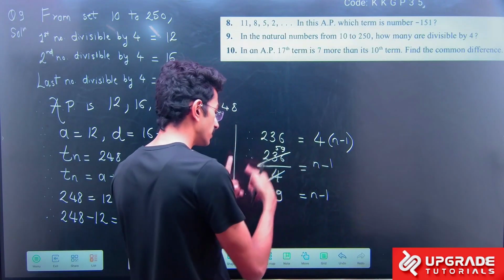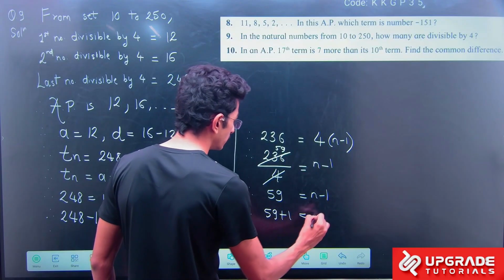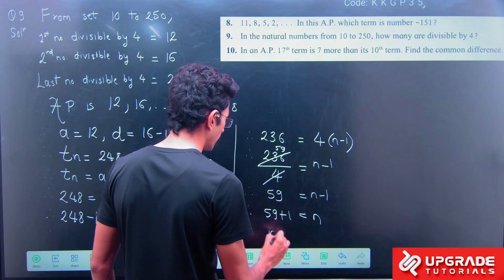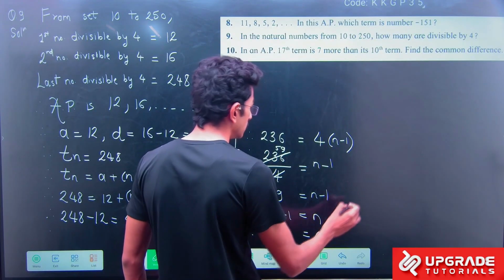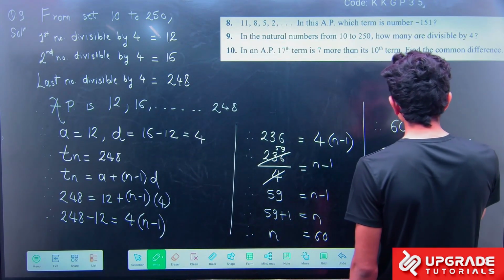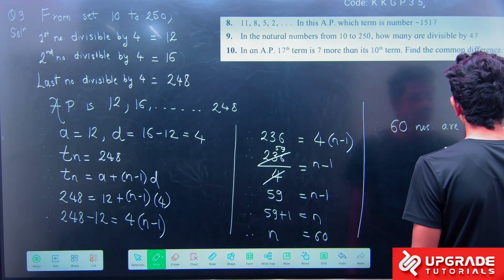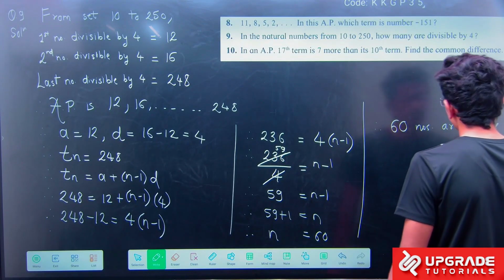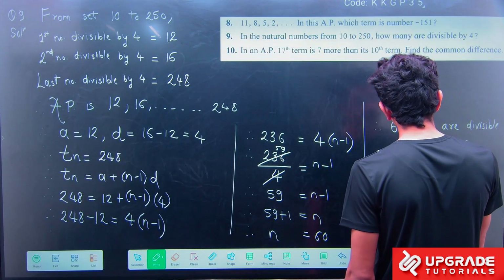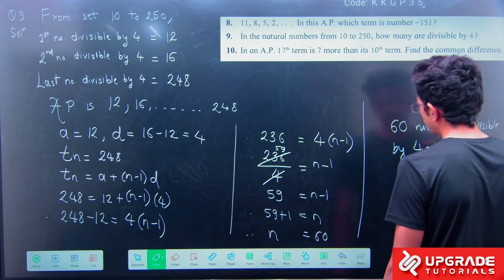The minus 1 will come this side and become plus 1. It will be 59 plus 1 is equal to n. Therefore value of n is 60. Therefore we can conclude that 60 numbers are divisible by 4 in 10 to 250.